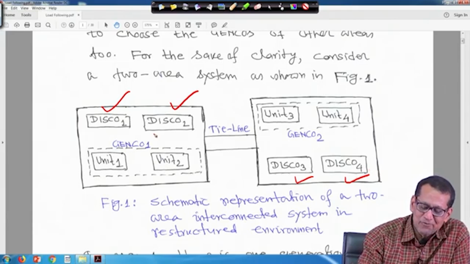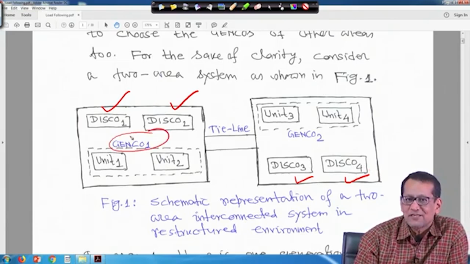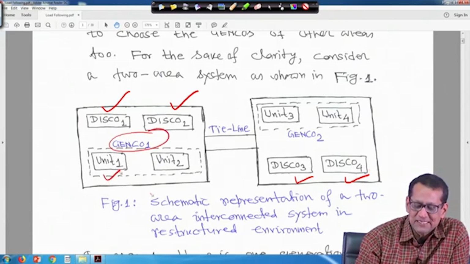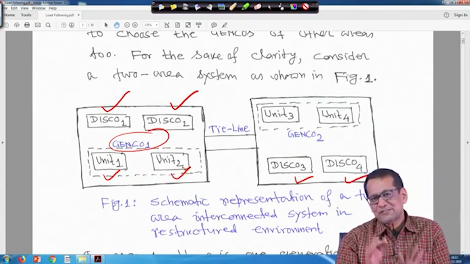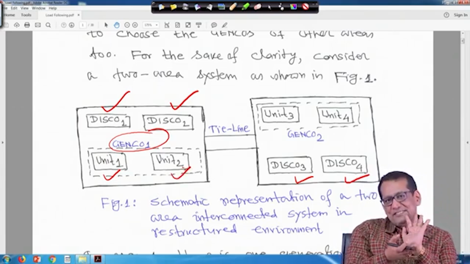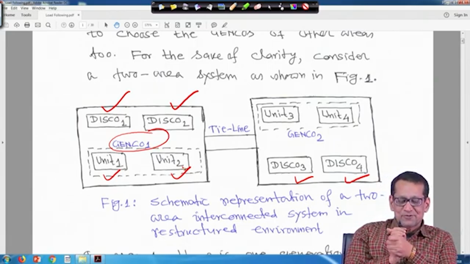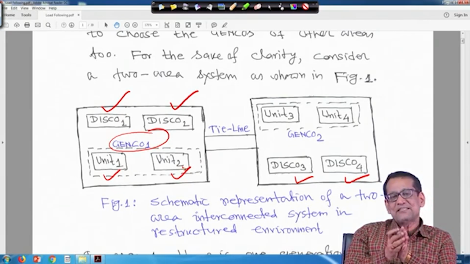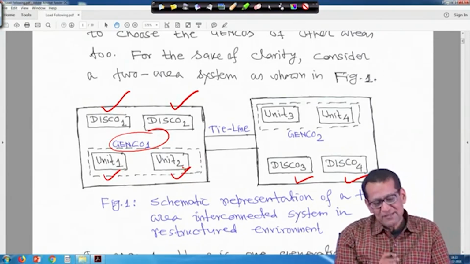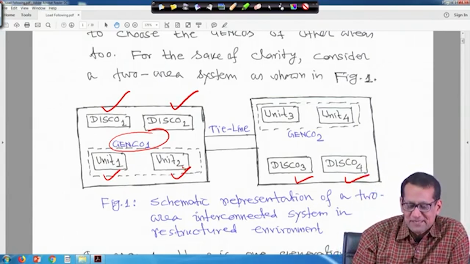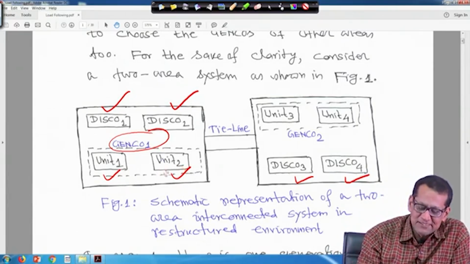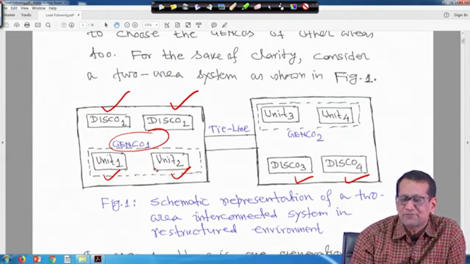Now, in area 1 there is generation company GENCO 1, but it has 2 generating units, unit 1 and unit 2. The philosophy remains the same. In the previous case we saw GENCO 1 and GENCO 2, assuming that each was one generating unit or its equivalent, or maybe many units with the same rating and same turbine generating unit. Here the philosophy remains the same, but GENCO 1 has 2 units, unit 1 and unit 2.